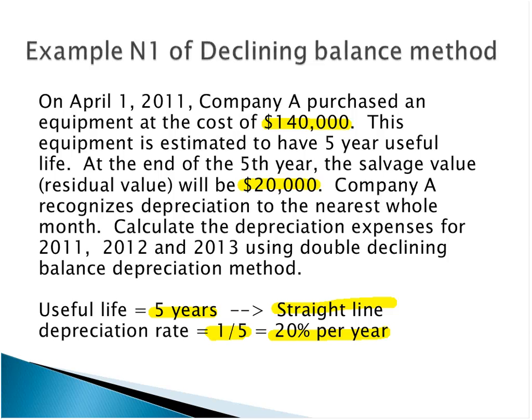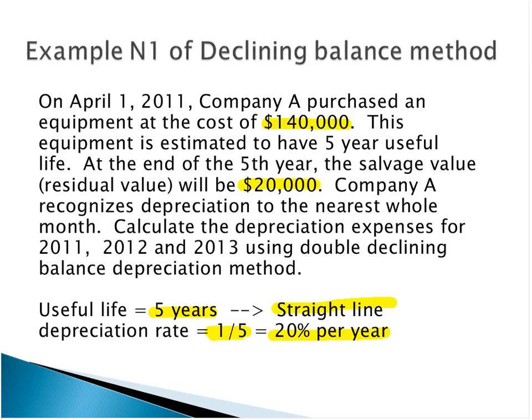So it's about any kind of asset. If, for example, you are using some equipment for 10 years, and you want to find the percentage rate in the straight line of this equipment which is going to be used for 10 years in the company, you should take 1, divide by 10, then multiply by 100 to get the percentage.